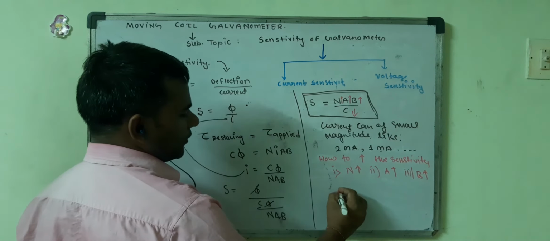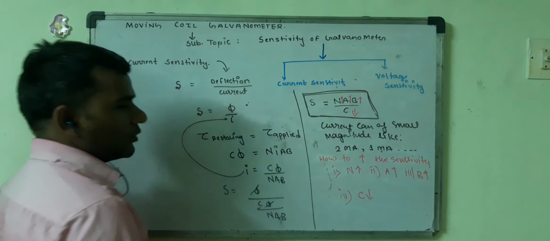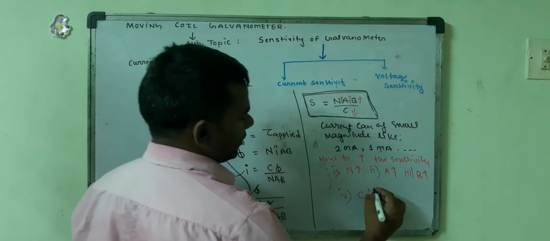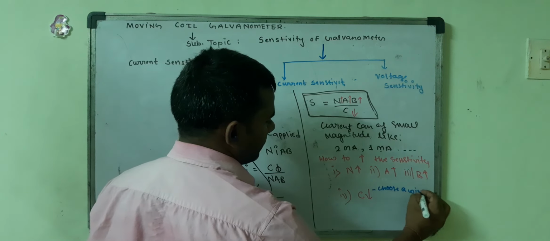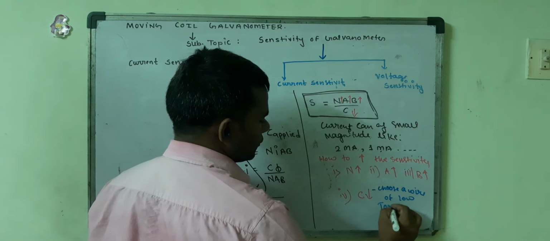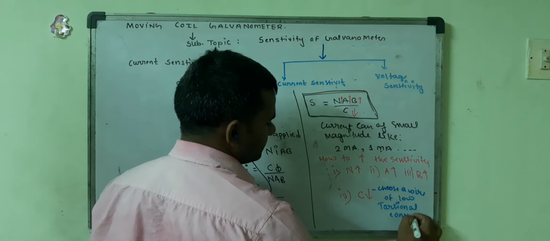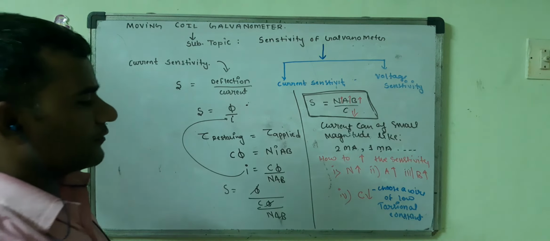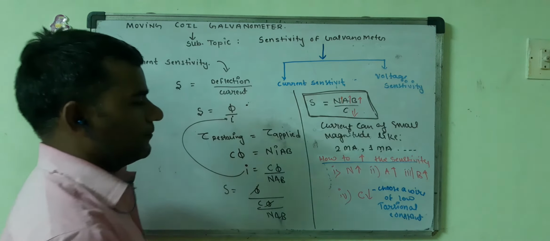And fourth, decrease the torsional constant, which means you have to choose a wire of low torsional constant. So we can easily achieve this. These are the ways how you can increase the sensitivity of the galvanometer.